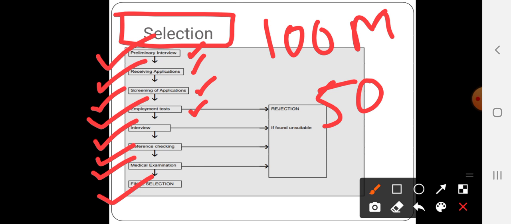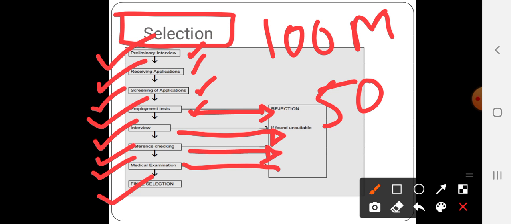In case you fail in any of these, suppose you have failed in the employment test, you will get rejected. Suppose you have failed in the interview, you will get rejected. If they come to know something about you from the reference check, by calling your previous employer, and they say that this person is not good, had done certain malpractices, and is not suited for your job role, they might reject your application.